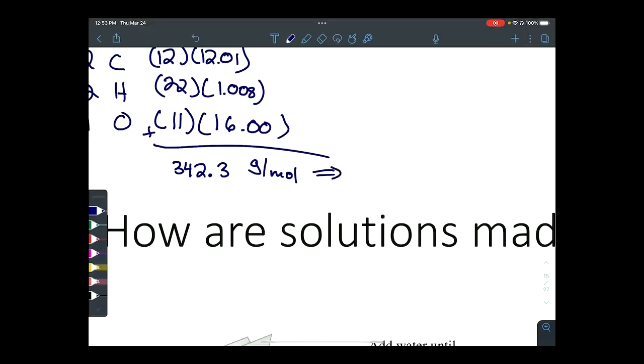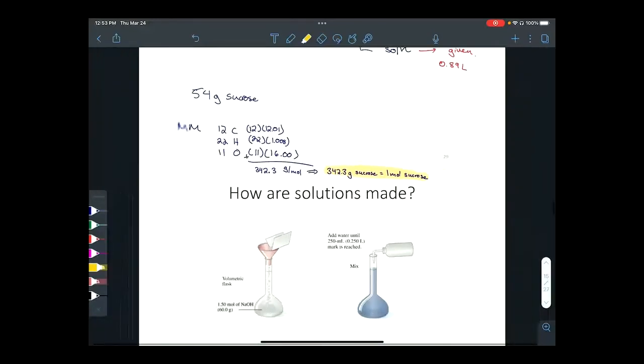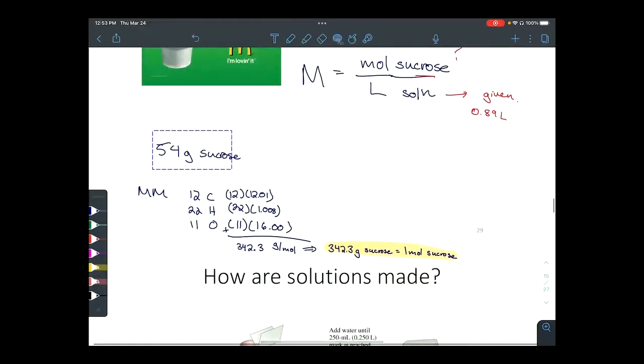So this value means that for every 342.3 grams of sucrose, that is equal to 1 mole of sucrose. This is the molar mass that we will use to convert the gram amount that's given to a mole amount.